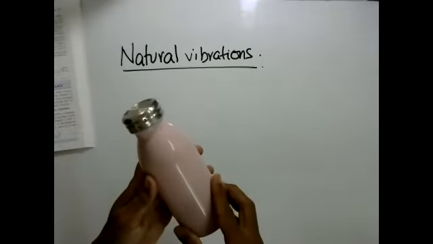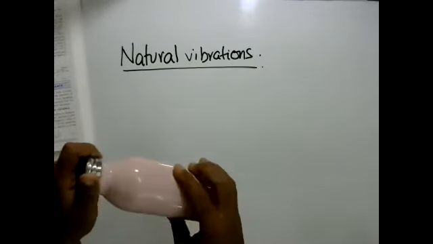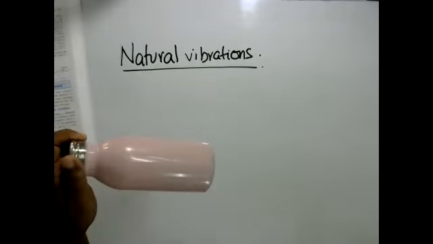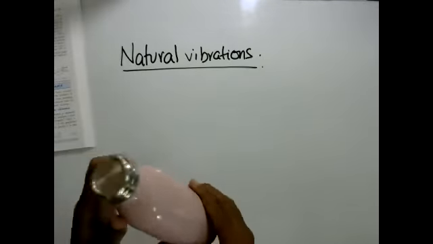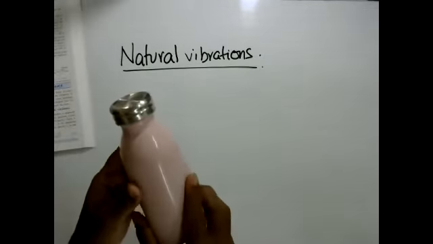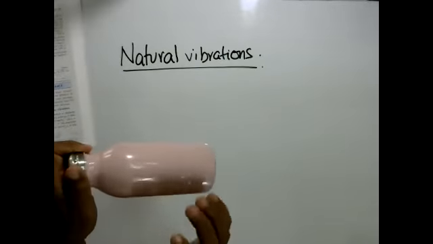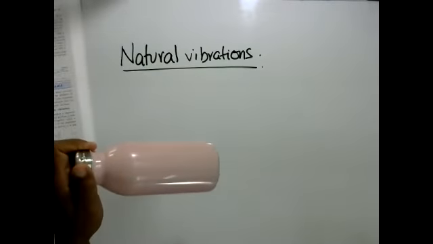This water bottle has a distinct sound, right? Because it's made up of a different kind of material. In this case, it's metal, right? It has its own distinct frequency.